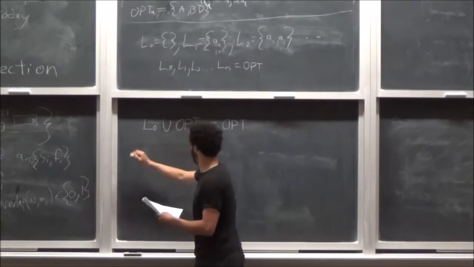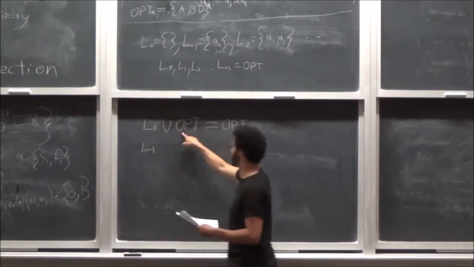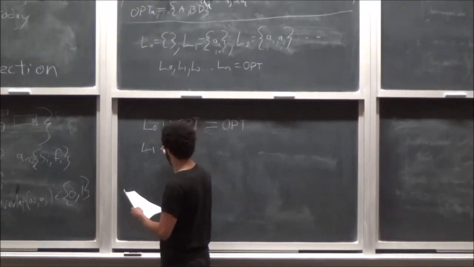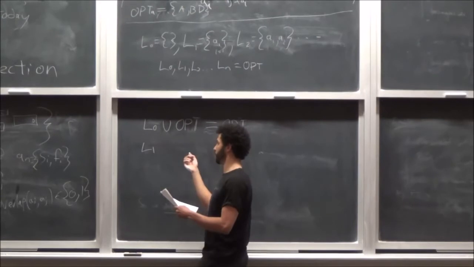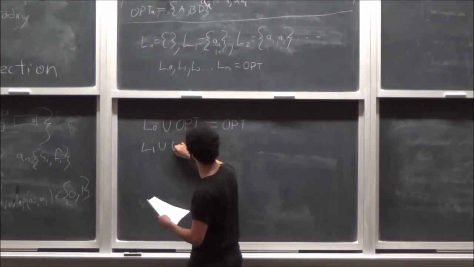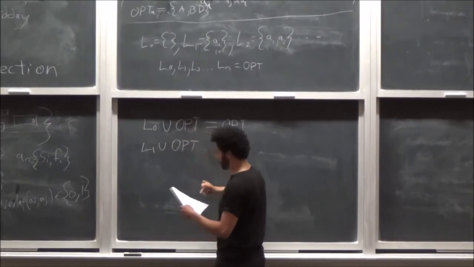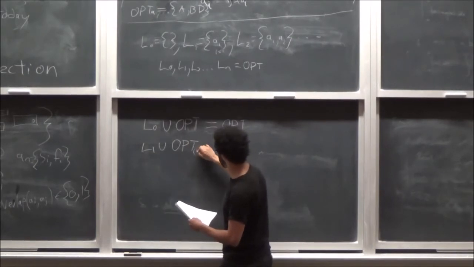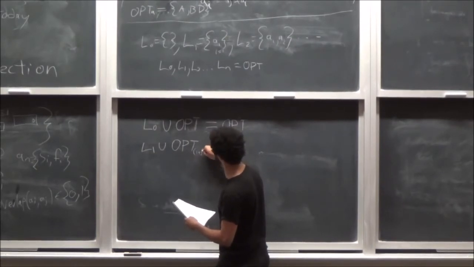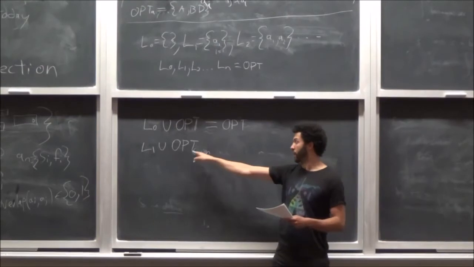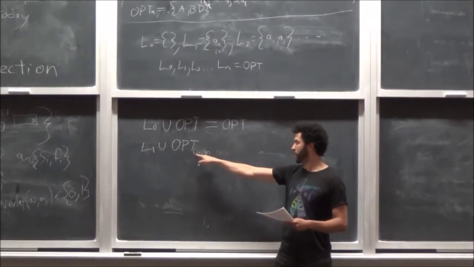It also turns out if we take L1, and we know that the optimal set is a sequence, right? So if we have this special L1, and we have this property that if we have L1 plus the optimal set, so this is i equals 1 here, so if we take the second element in the set all the way to n, what I'm doing here is setting up the notation to say that this is the optimal set from index i plus 1 to n.